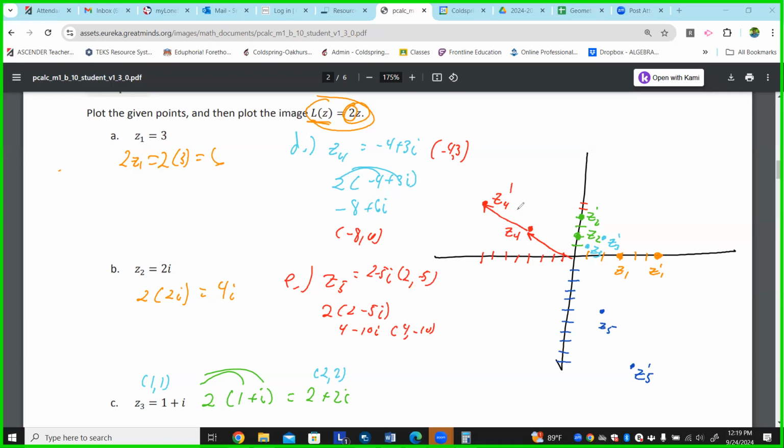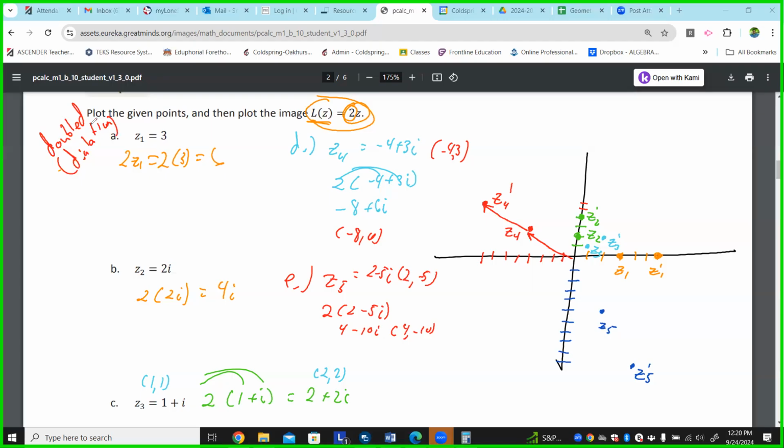So when we're multiplying complex numbers geometrically, it is going to be multiplied by some scalar factor. In this case, it is doubled. The word here that you'll see a lot is a dilation. Dilation just means it changes it either bigger or smaller.